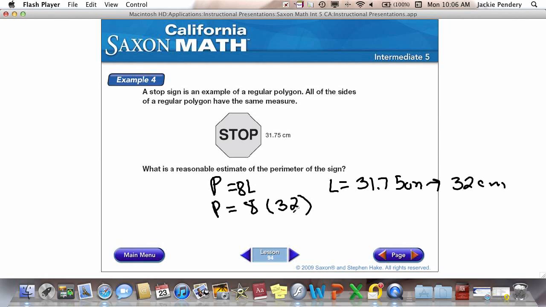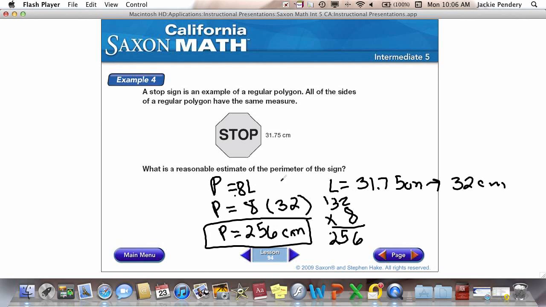And 8 times 32, you will of course show your work. 8 times 32, 8 times 2 is 16, 8 times 3 is 24, plus 1 is 25. So my perimeter equals 256 centimeters.